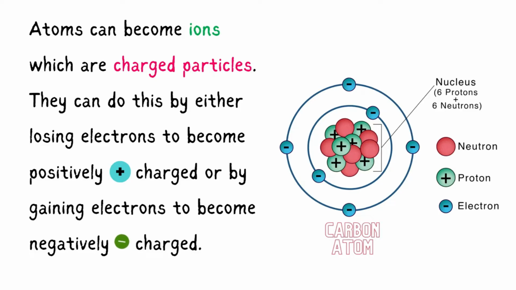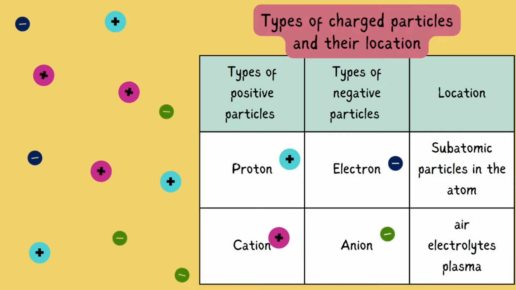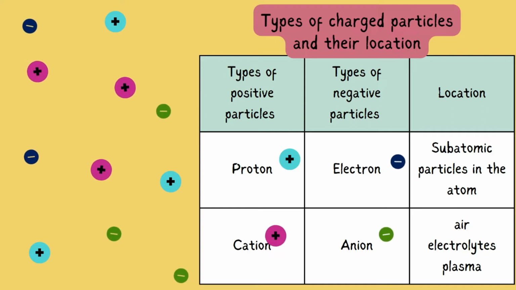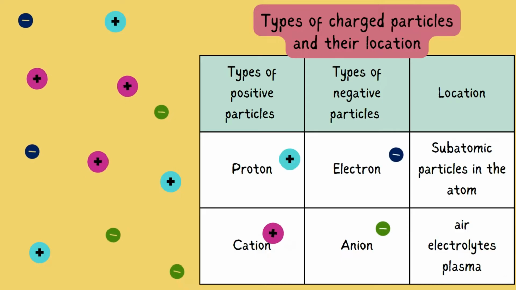Atoms can become ions, which are charged particles. They can do this by either losing electrons to become positively charged or by gaining electrons to become negatively charged. There are different types of positive particles, and there are also different types of negative particles. We'll be referring to them in this chapter.